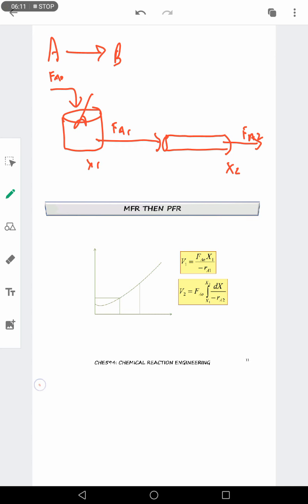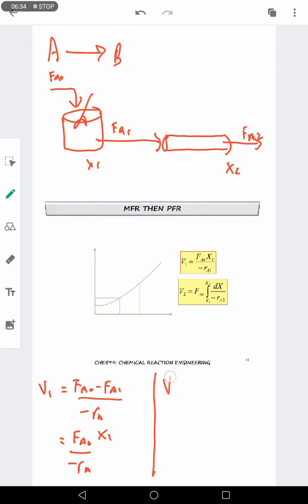So you want to calculate V1, which is actually the CSTR. So dia adalah FA0 minus FA1 divided by negative RA. So you akan dapat FA0 X1 over negative RA.